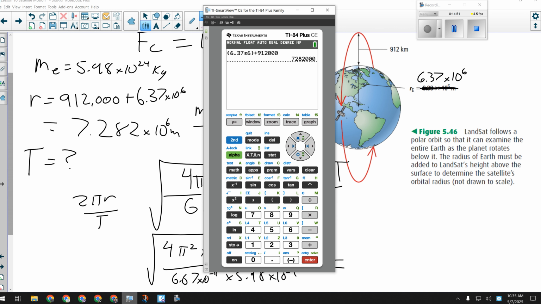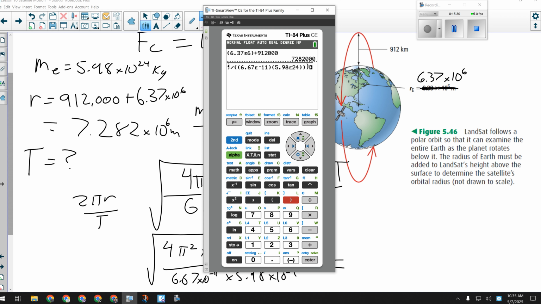A little bit of an adventure here with our math. So 4 pi squared times 7.282 E6 cubed, divided by 6.67 E negative 11 times 5.98 E24, bracket, bracket, bracket.